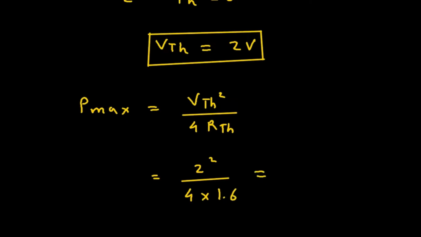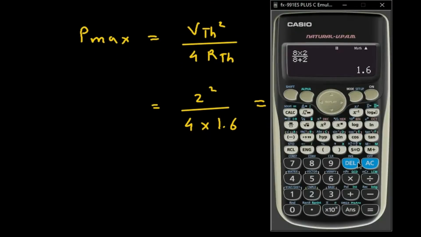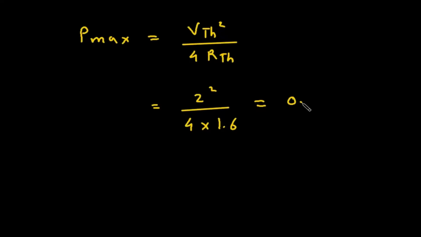So this will be 2 square, 4, divided by 4 into 1.6. So this is 0.625. The unit of power is watt. So therefore Pmax is equal to 0.625 watt.